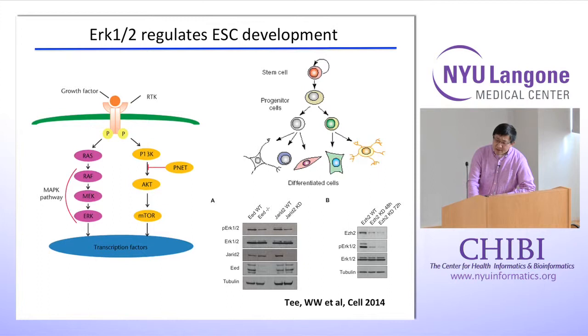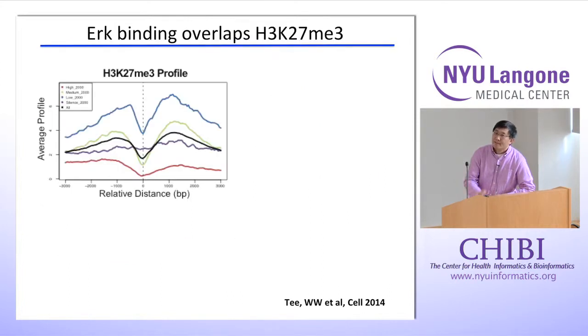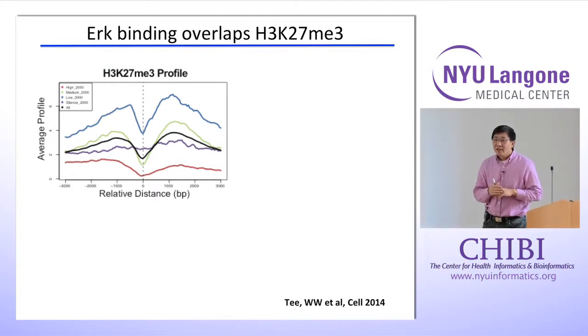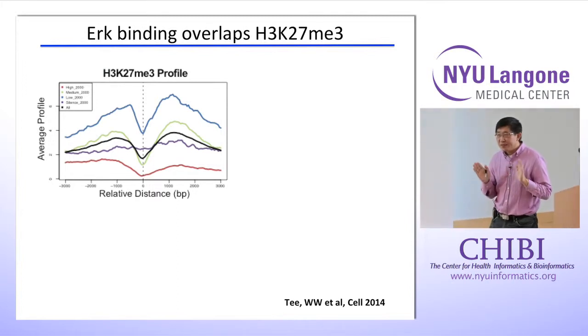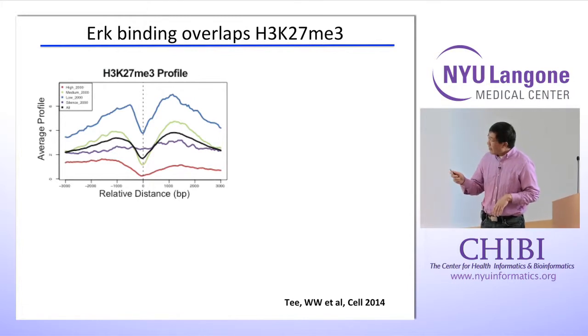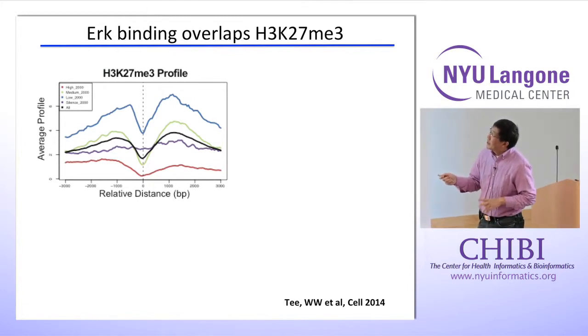Which maintains histone repression. Okay, so the first thing we would like to think about is whether ERK has anything to do with the histone H3K27 trimethyl. We know the H3K27 trimethyl marks go along with the low expressors.